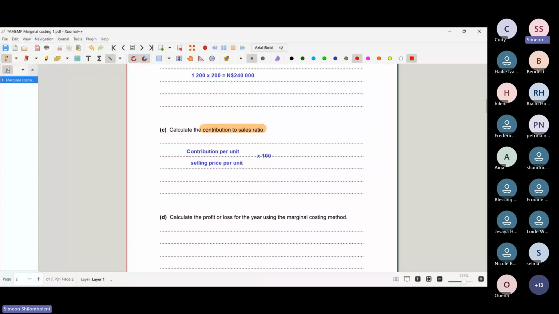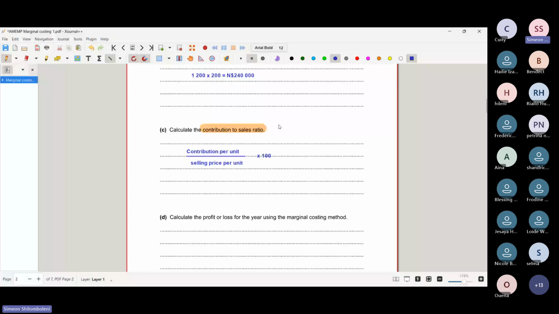You can either do it this way. It's actually from here already, contribution to sales. And this word is what you are going to get. You will never get another word when they are asking for it. Contribution on top divided by sales. Just don't forget to multiply with 100. Contribution divided by selling price times that.